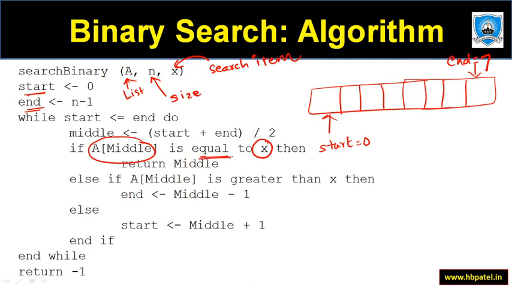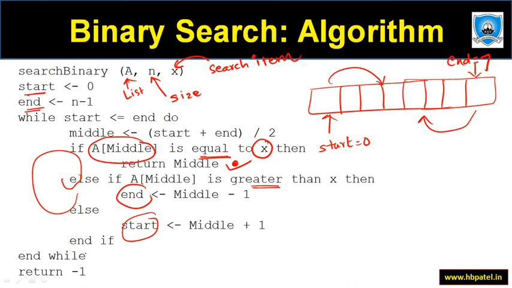If it is equal, then we found it and we simply return the middle position. If it is greater, we change the end position, we move end over here, and if it is less, then we move start. So simply keep on doing this, and at the end, if you do not find it, we will be returning -1. So -1 is the not found situation.